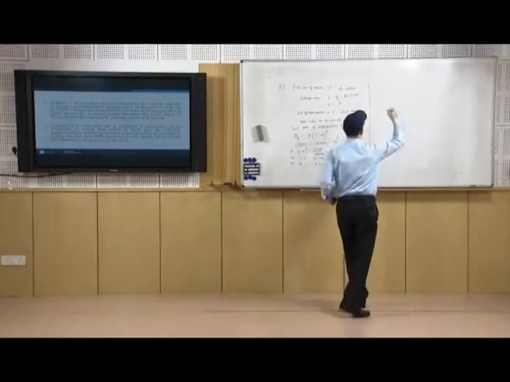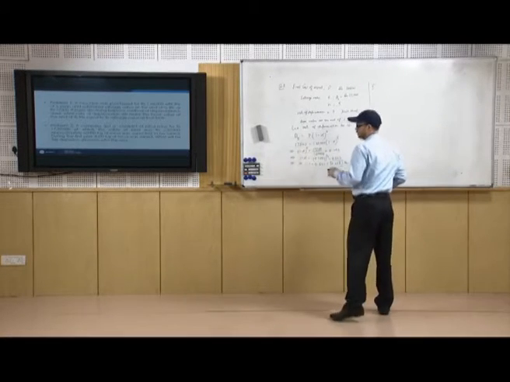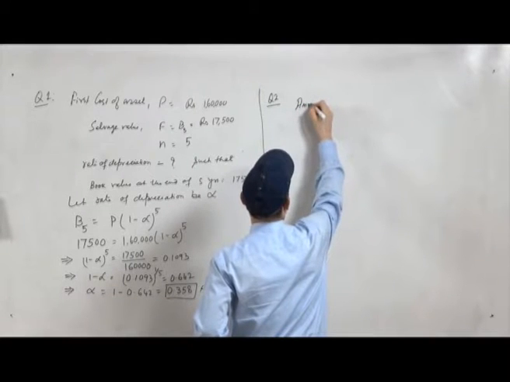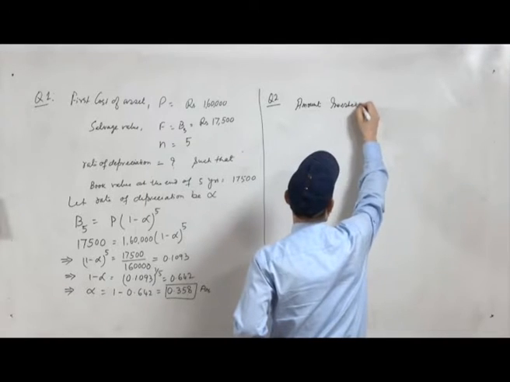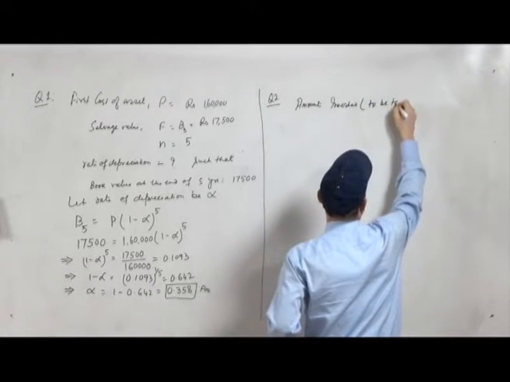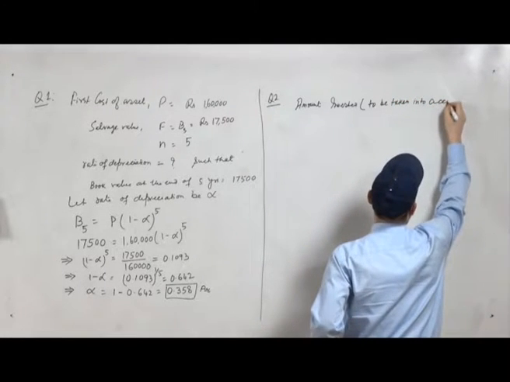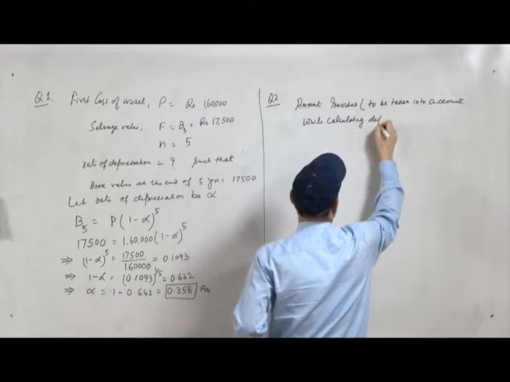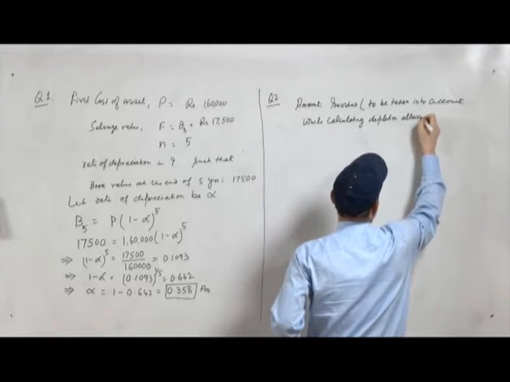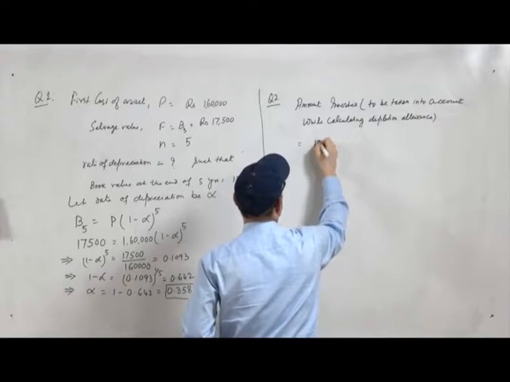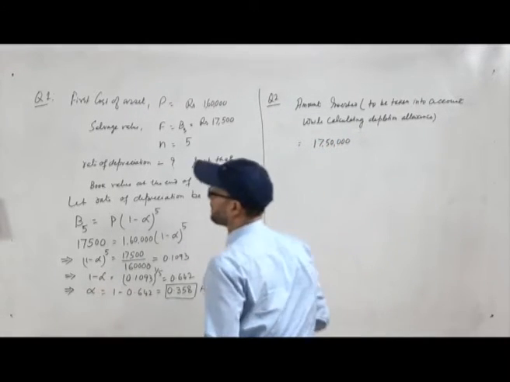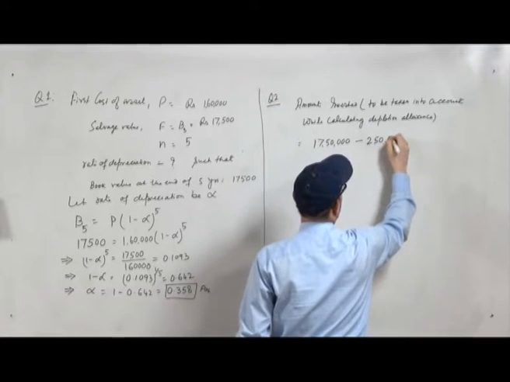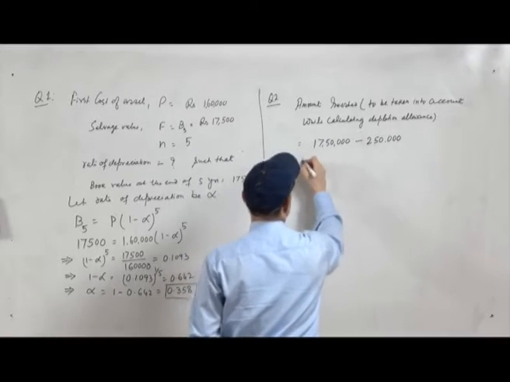The amount initially invested has to be taken into account while calculating the depletion allowance, so the cost of land will be subtracted: 17,50,000 minus 2,50,000, because land is not depreciable. So, it will be rupees 15 lakhs.